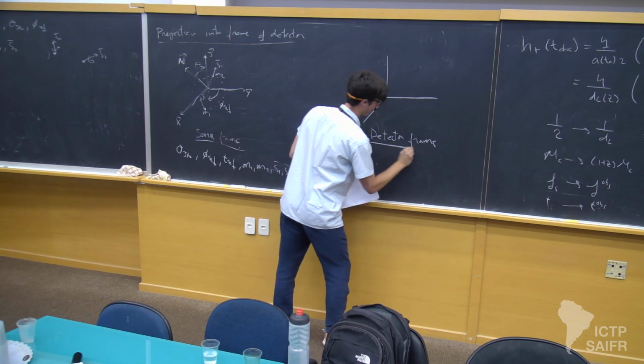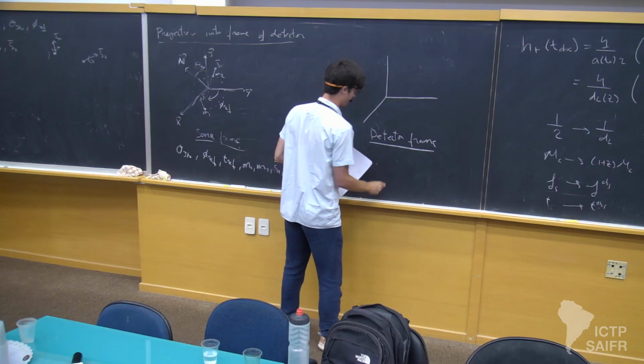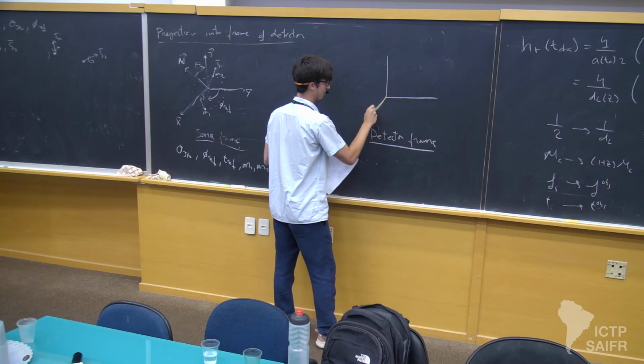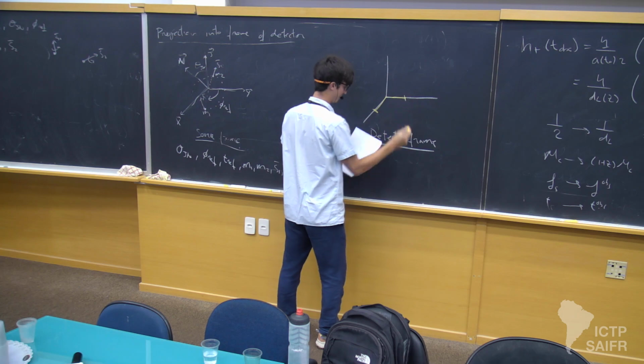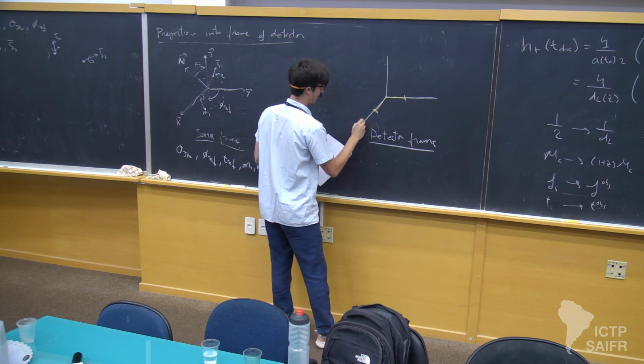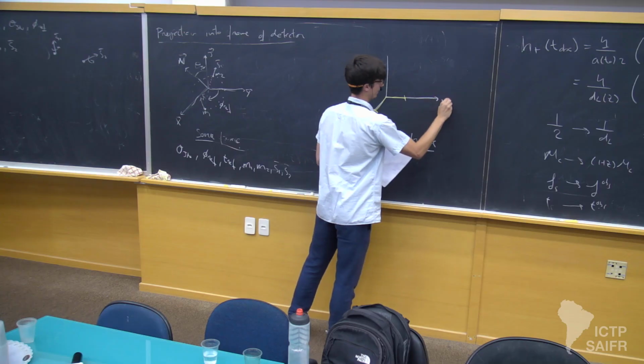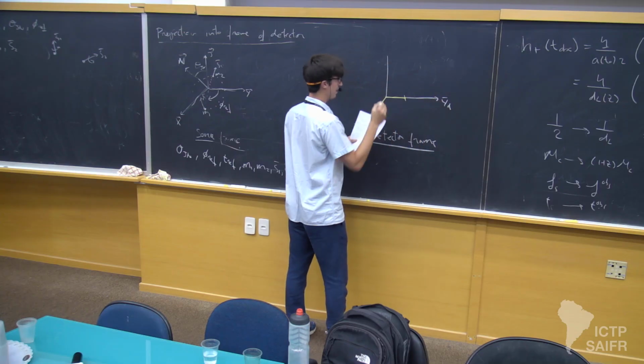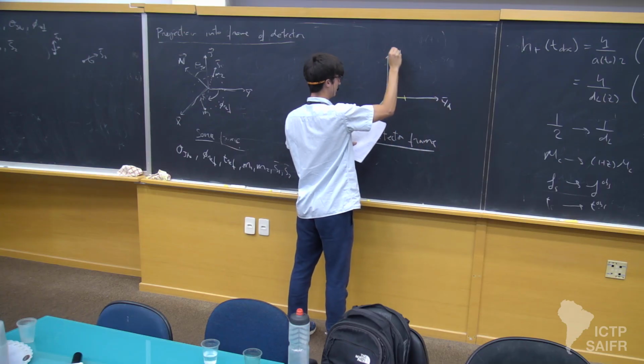in the detector frame, we will have our detector placed here. Our L-shaped detector is going to be in the XY plane. And then we have theta d.